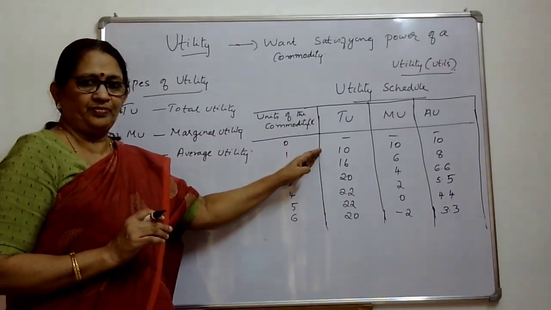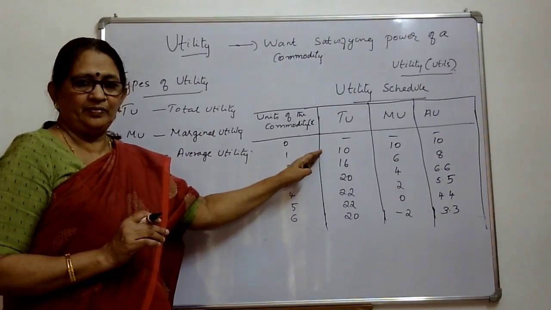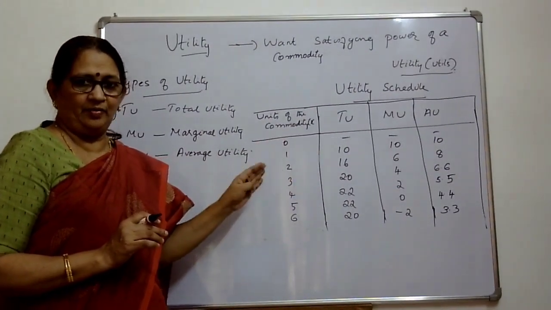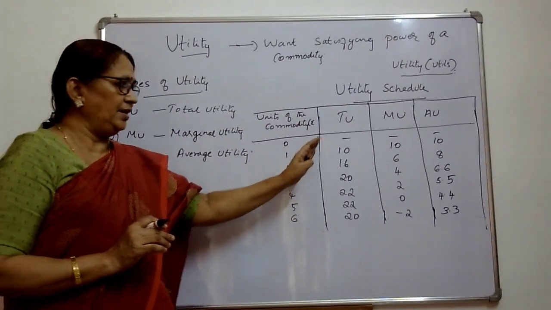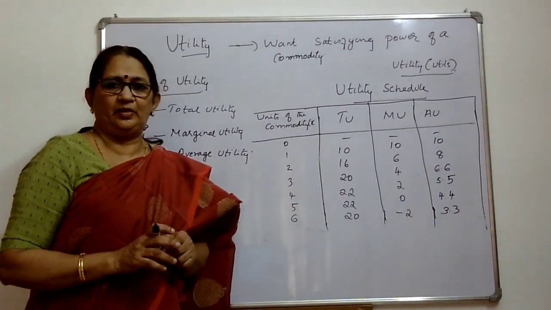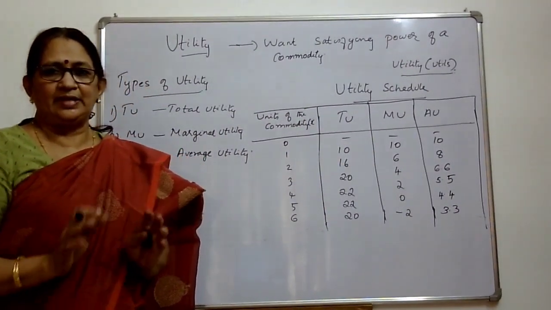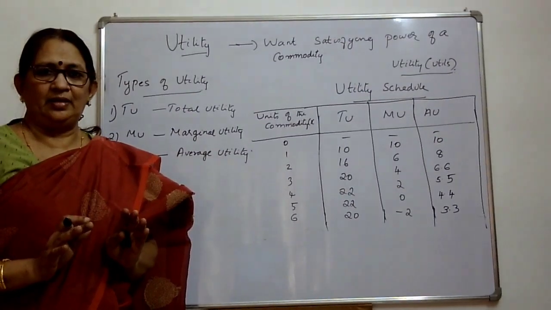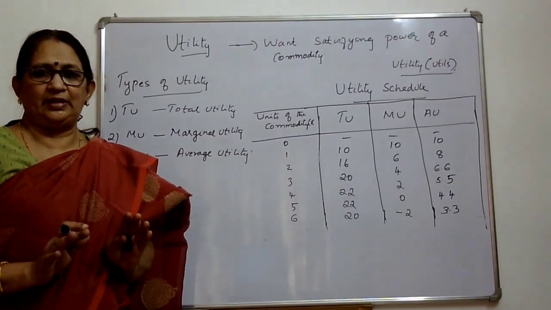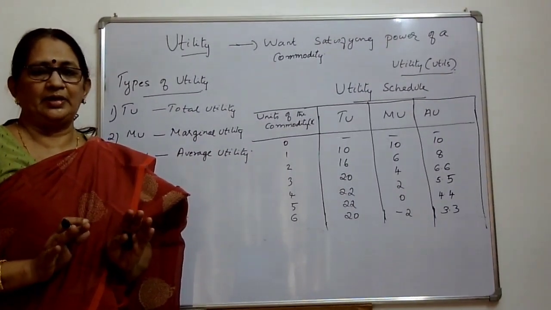As you know, I have mentioned total utility, marginal utility and average utility. Total satisfaction derived from consuming a commodity is called total utility.